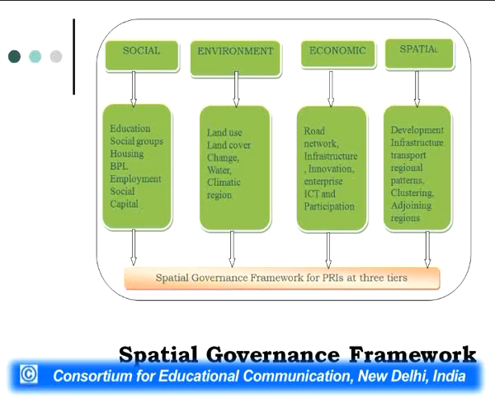And then there is economic data in terms of road network, infrastructure, ICT infrastructure, and innovations which could be brought into some of these institutions which are responsible for providing this infrastructure.